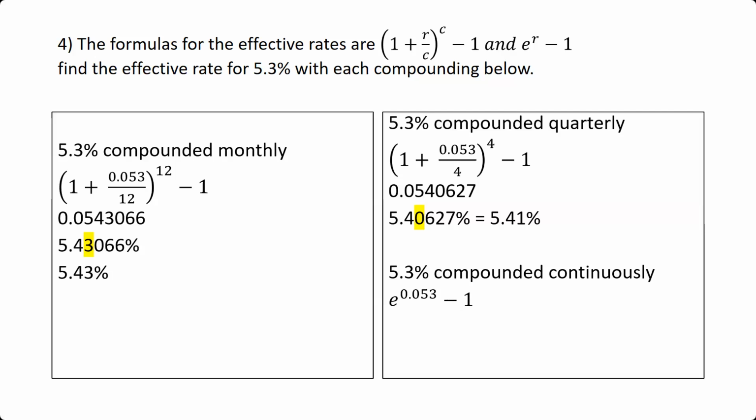Is everyone finding the exponential function on your calculator? So wherever the LN button is. You should get .0544296. Any questions?